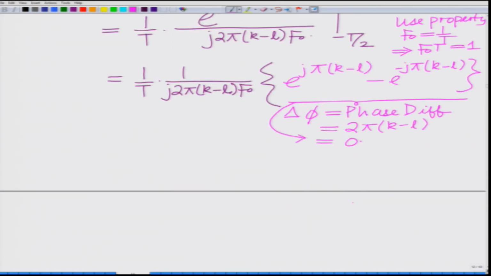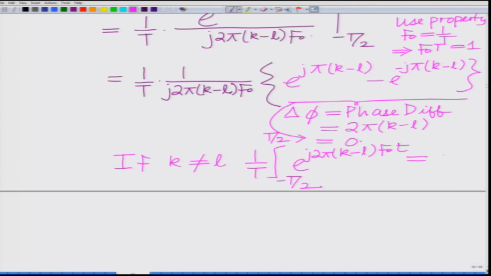Therefore, to summarize, if k is not equal to L, then 1 over T, the integral from minus T by 2 to T by 2 of e to the power of j 2 pi (k minus L) f naught t, is equal to 0. Okay.